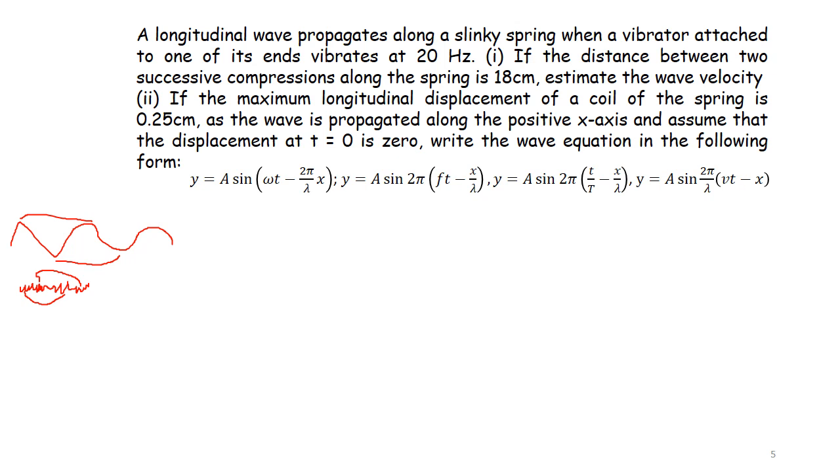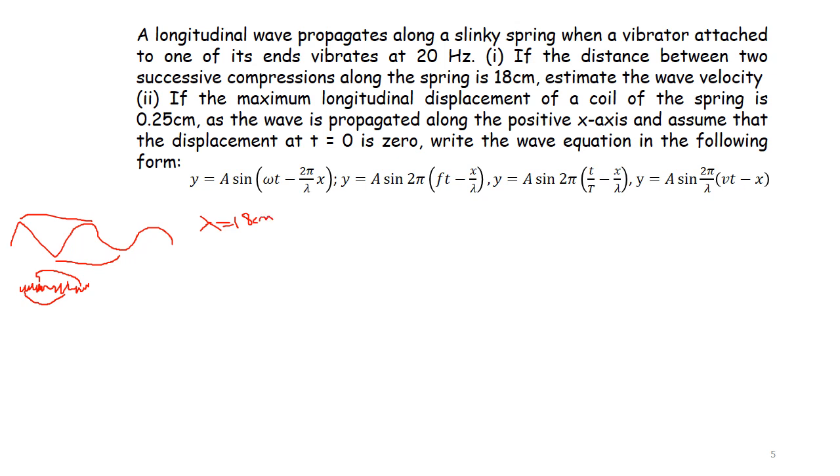So therefore, if the distance between two successive compressions along the spring is 18 centimeters, that means we are talking about the wavelength being equal to 18 centimeters.